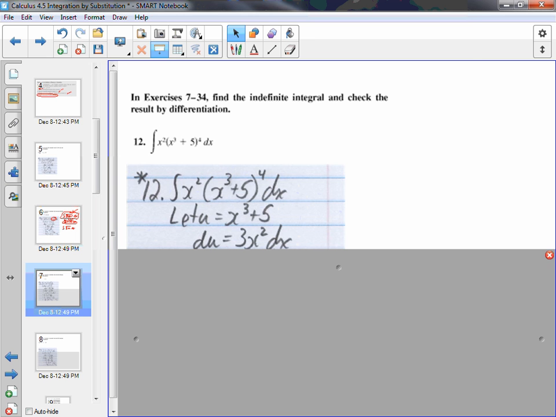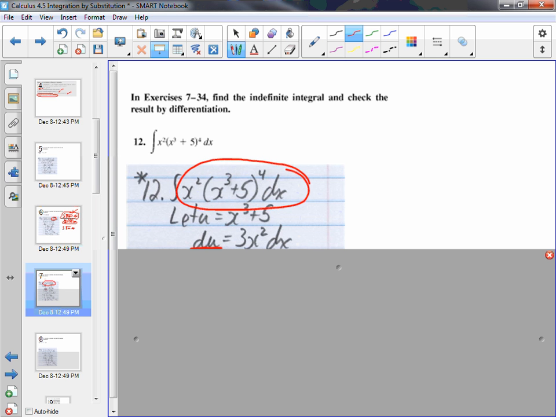Because look, it's not that we have our heart set on having a du equal to something. What we have our heart set on is being able to replace everything in our integrand. So see, I can replace this, can't I? I can turn that into a u to the 4th. So I need to be able to replace x squared dx with something.